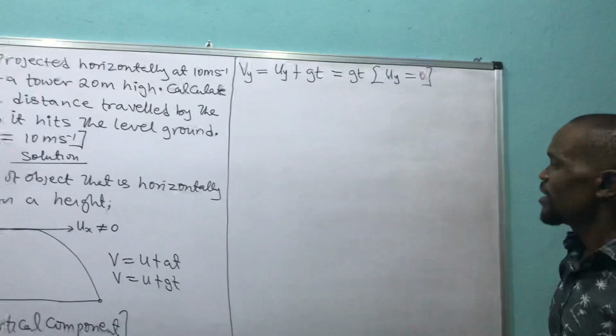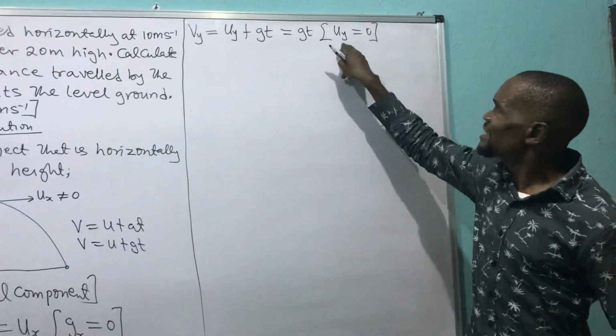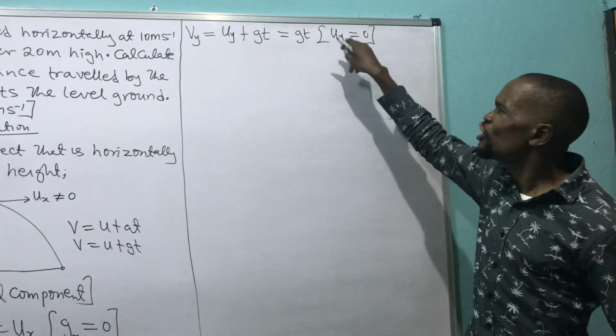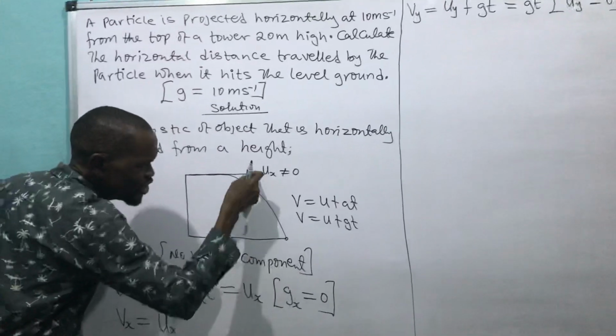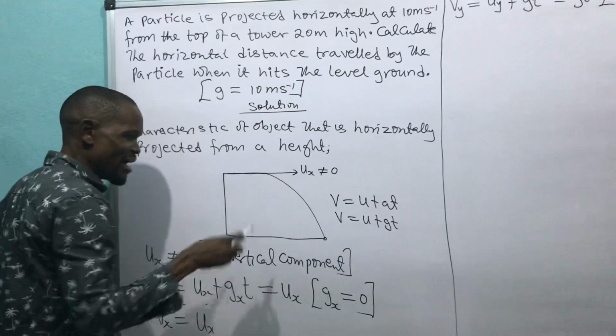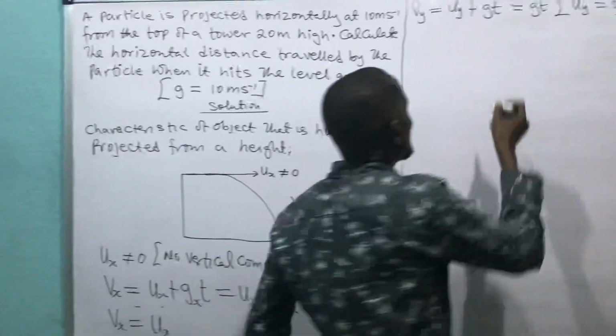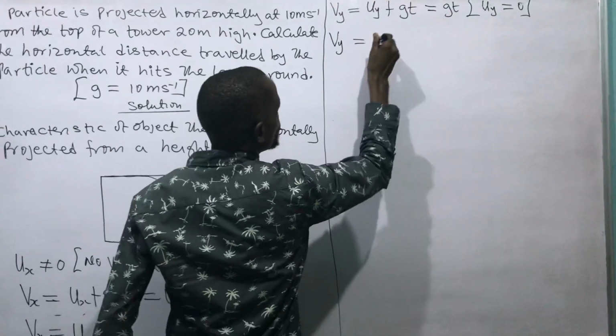So looking at the characteristics of this object, as it is falling down, it has no initial vertical velocity; the initial velocity of falling down is equal to 0. Okay, let's move ahead. This means that Vy is equal to gt.